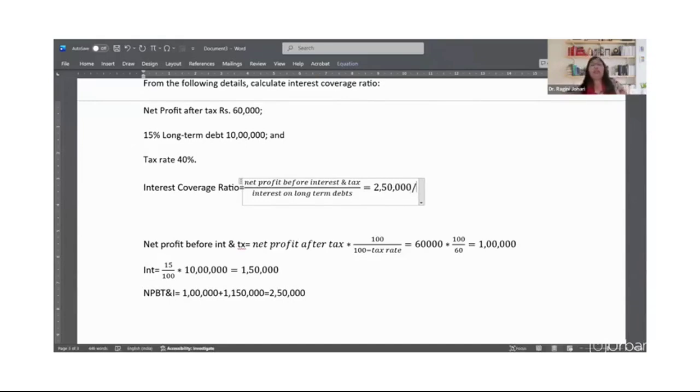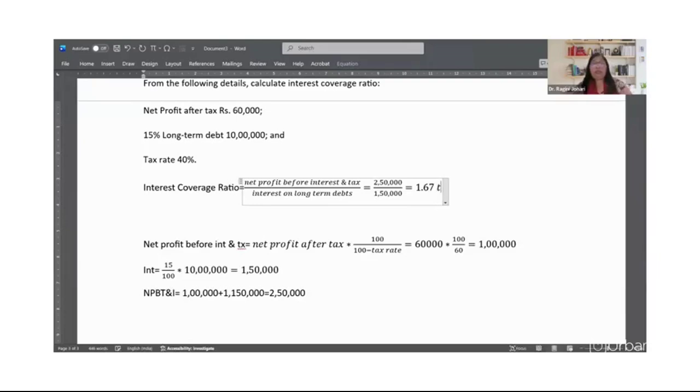So 2,50,000 comes here. And then interest on long-term debts we have already calculated as 1,50,000, right? Now finding out the ratio between the two, we get this ratio as 1.67.